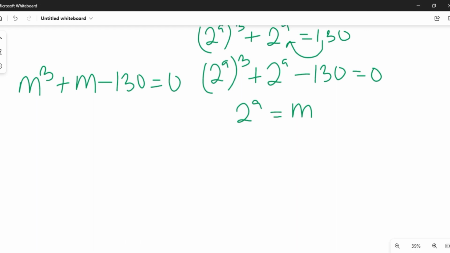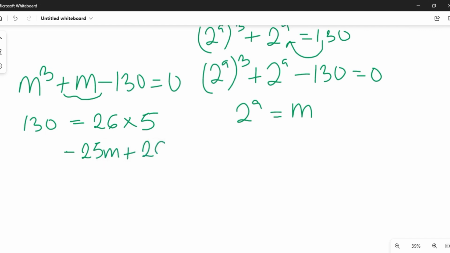From this equation, I want you to note that if we break 130 down, 130 can give us 26 times 5. These are the factors of 130. Now we'll also check that for the term plus m, we can look at two numbers we can bring together that can give us a positive m. If we say we have minus 25m plus 26m, that can give us a positive m.